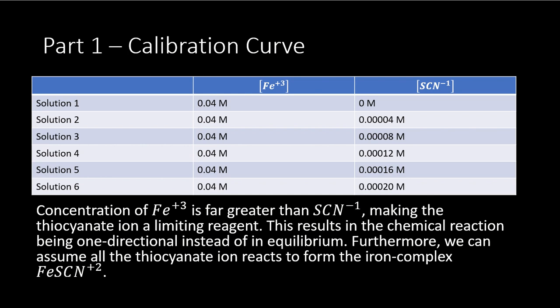This allows us to treat this particular set of trials as one directional instead of an equilibrium. And since thiocyanate is our limiting reagent, we know how much of that we have to react. We'll just assume that all of it reacts to form our iron complex, iron thiocyanate.